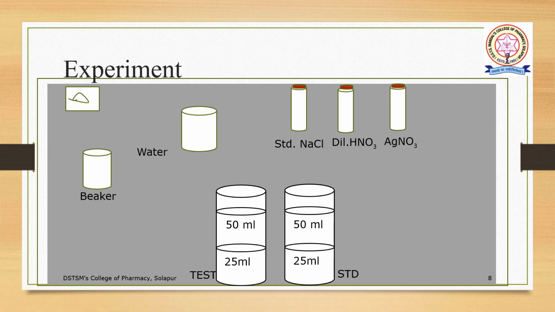Now we will see exactly how the experiment is performed. For this, we have to take two Nessler cylinders which will be labeled as test and standard. For test solution preparation, we need the sample. The sample will be either a specified quantity or it may be taken as 1 gram.